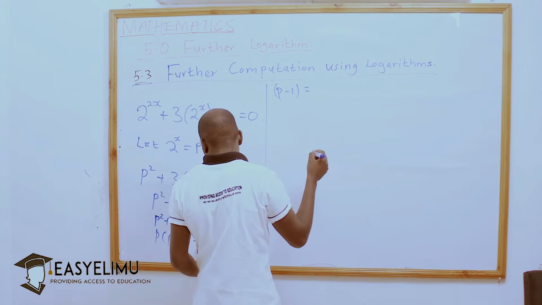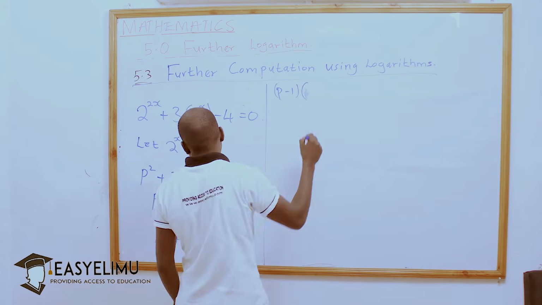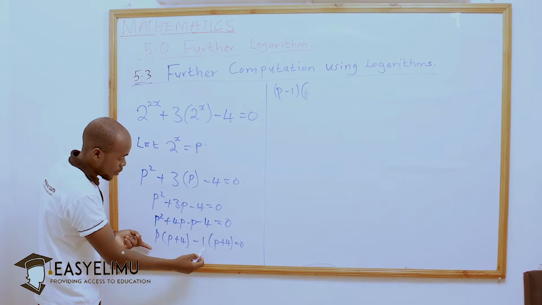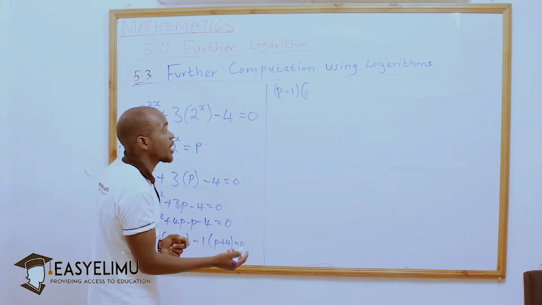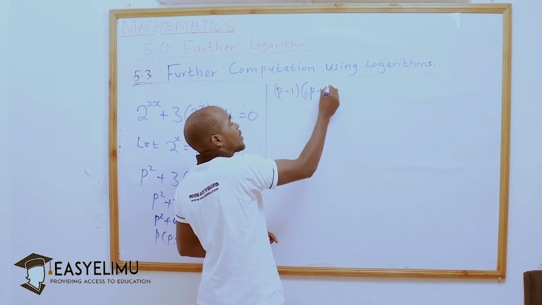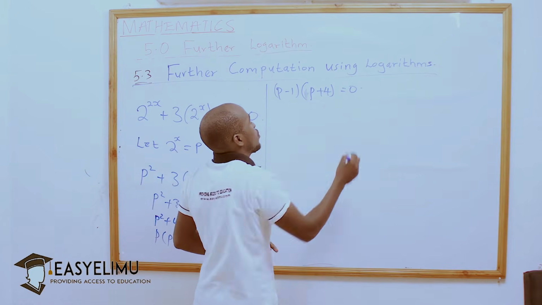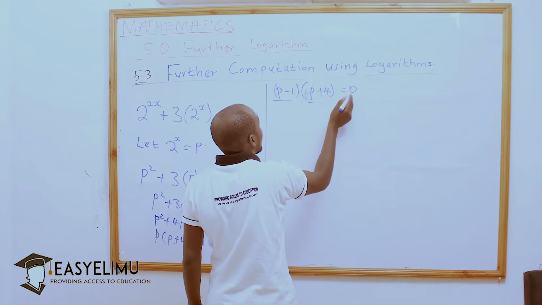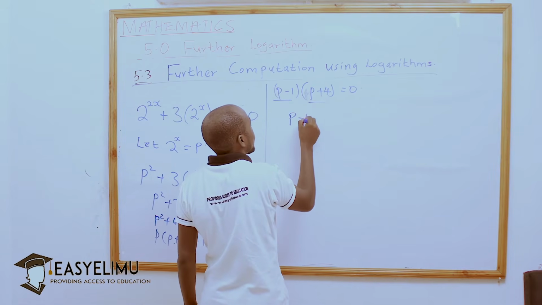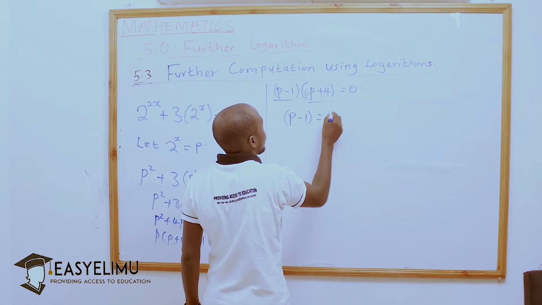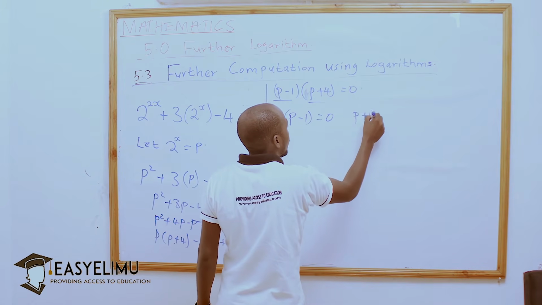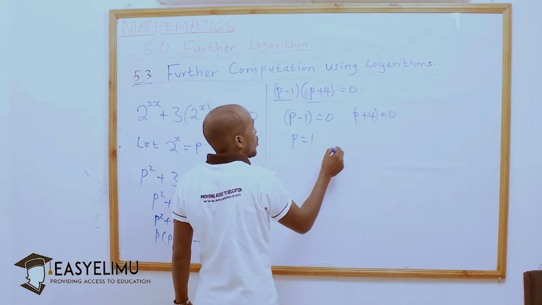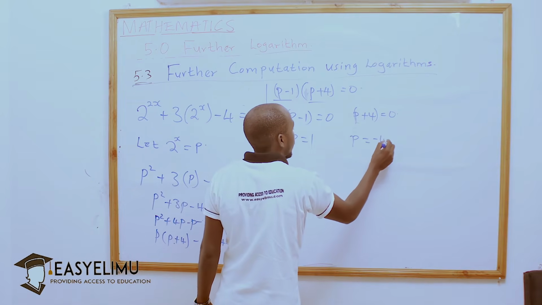Taking the outside of the brackets, we have p minus 1, and the common factor in the bracket, p plus 4, and this is equal to 0. So you take one of the brackets and equate it to 0, such that p minus 1 equals 0 or p plus 4 equals 0, so p equals 1 or p equals negative 4.